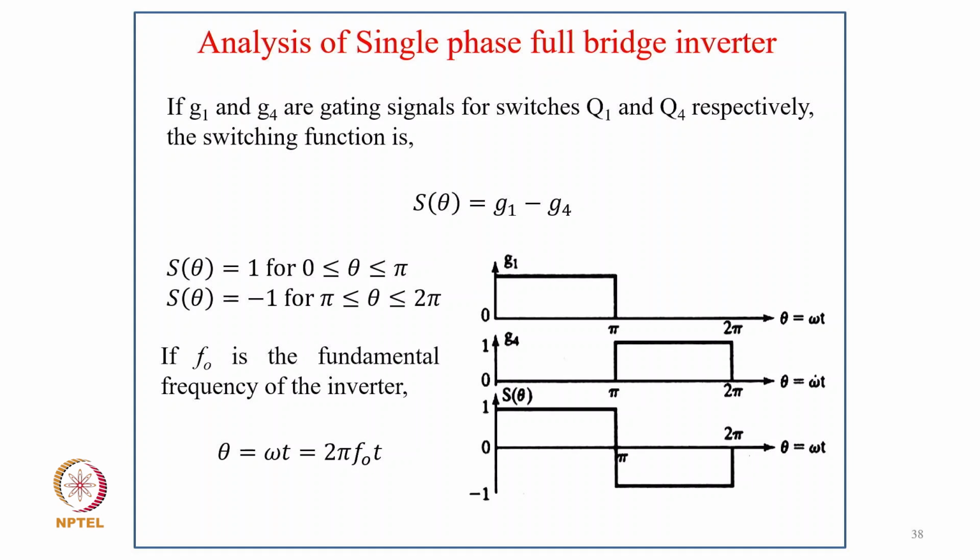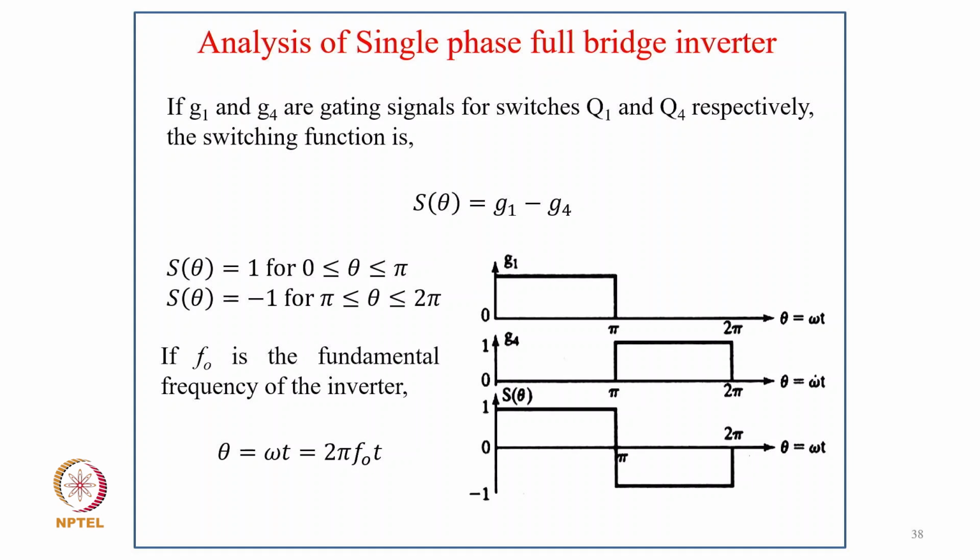And if G1, G2 are the gating signals for switches Q1 and Q4 respectively, the switching function is S theta equal to G1 minus G4, where S theta is 1 for 0 to pi, and S theta is minus 1 for pi to 2 pi, as you can see in the waveform.